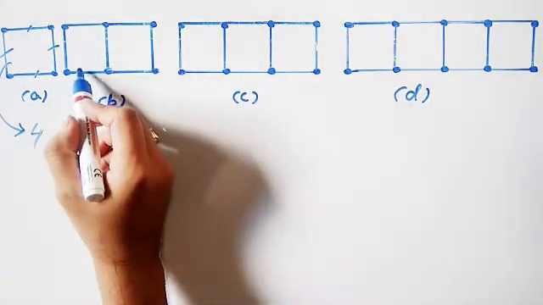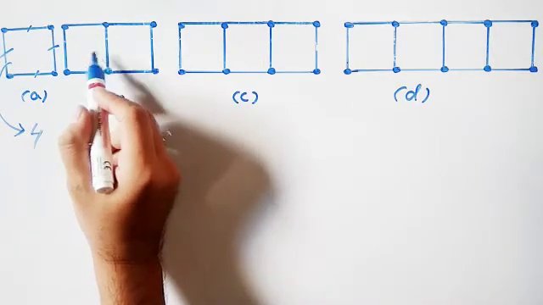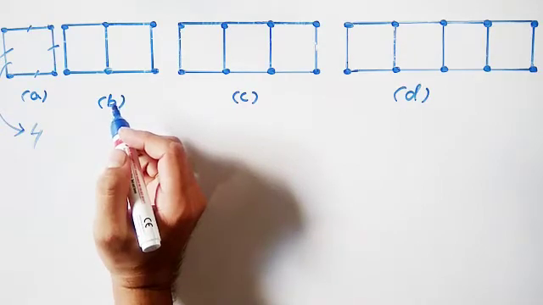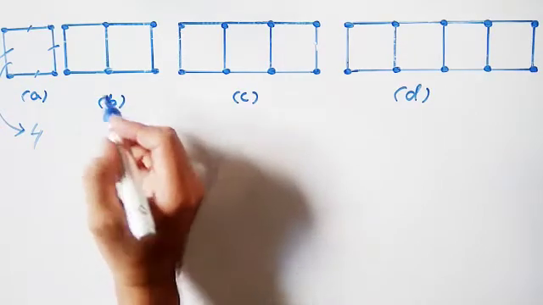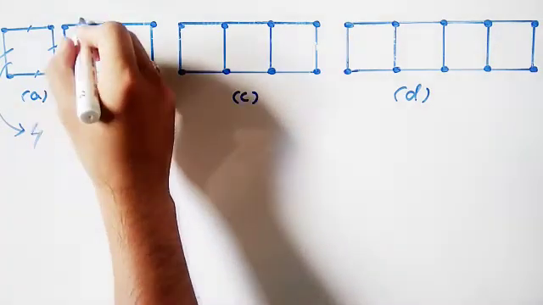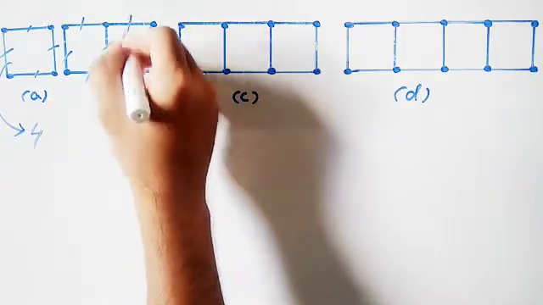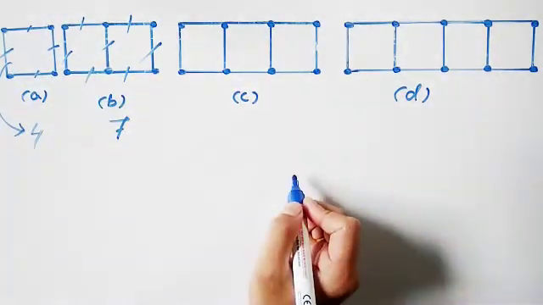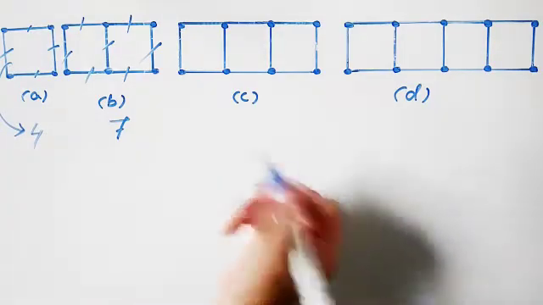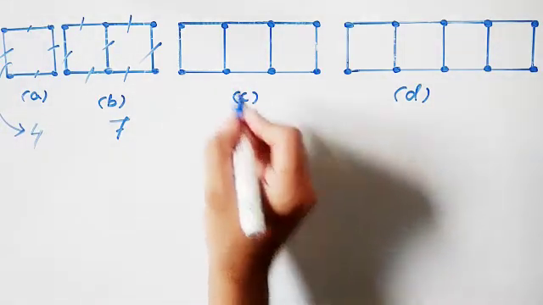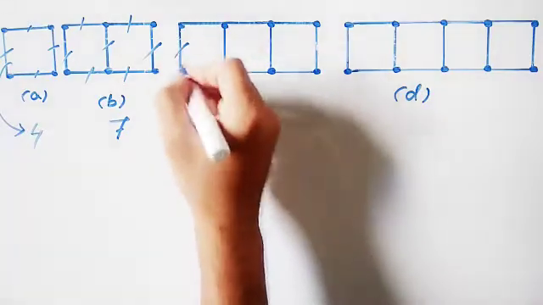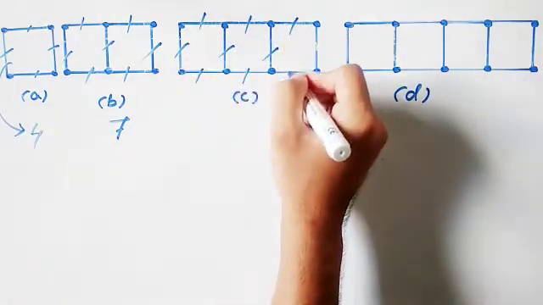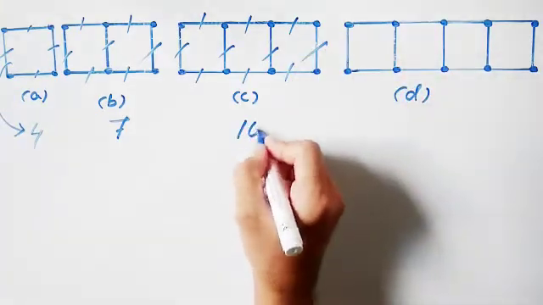To make 2 squares using mastics, how many mastics are required? Let's count. 1, 2, 3, 4, 5, 6, and 7. 7 mastics are required. And similarly, let's count the number of mastics required to make 3 squares. 1, 2, 3, 4, 5, 6, 7, 8, 9, and 10 mastics are required.